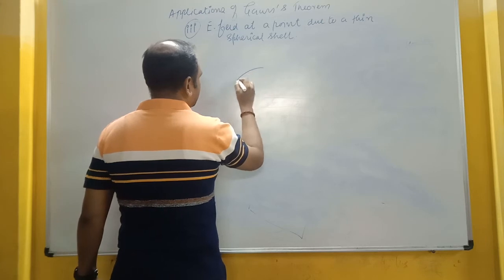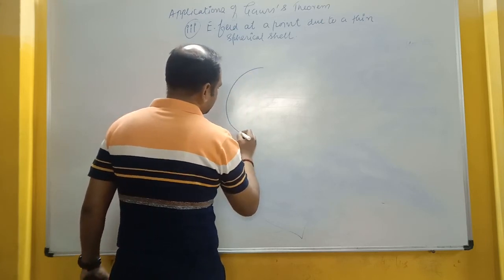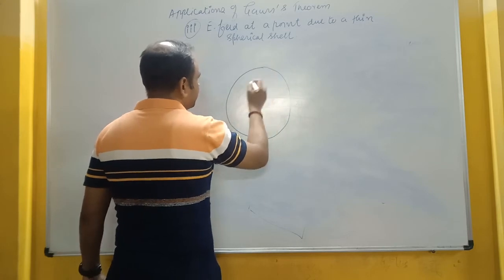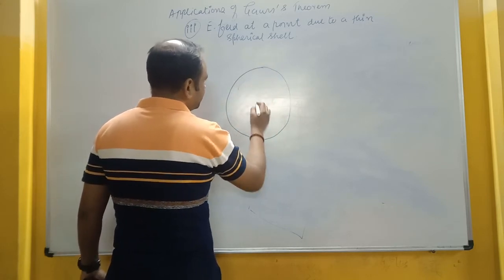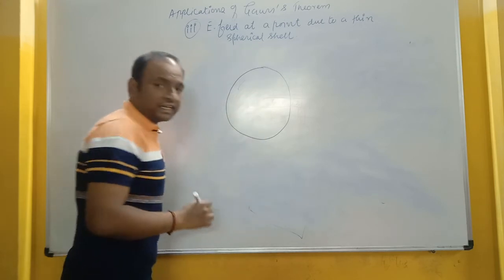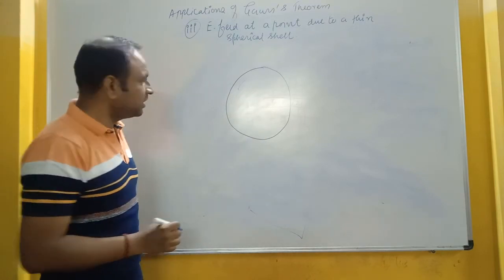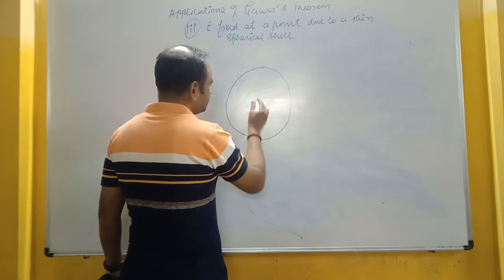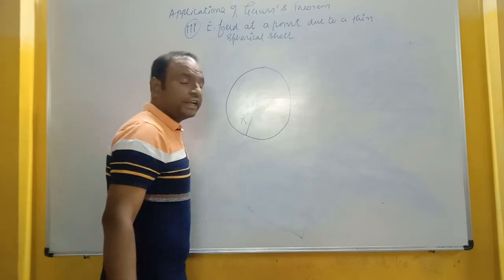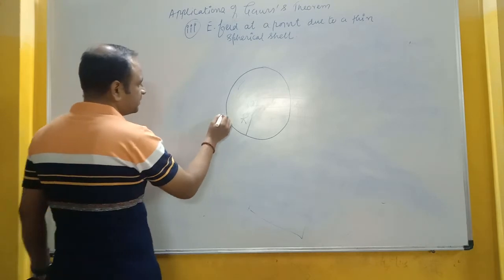This is the spherical shell, suppose. A hollow sphere, not a circle but a sphere. Suppose O is the center of the spherical shell, and R is the radius of that spherical shell. This is my spherical shell.